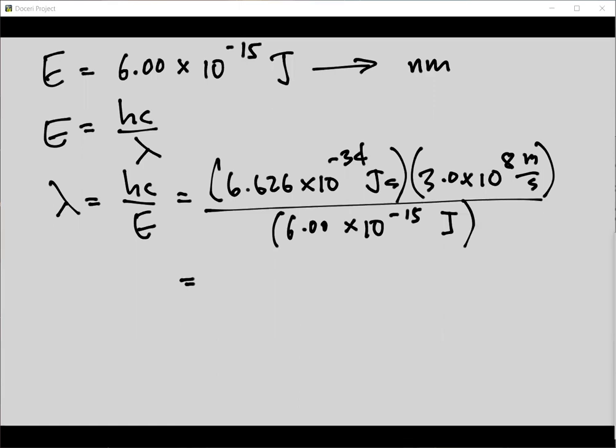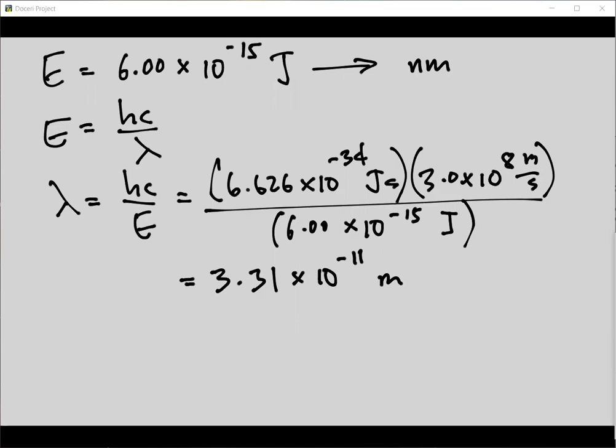All right, so what we get here is 3.31 times 10 to the negative 11th. And again, this is in meter, okay? And we have to convert this to nanometers. And again, based on the previous example, all you have to do is divide this number by 10 to the negative 9, or multiply it by 10 to the positive 9. Okay, so let's do this using division for just consistency.